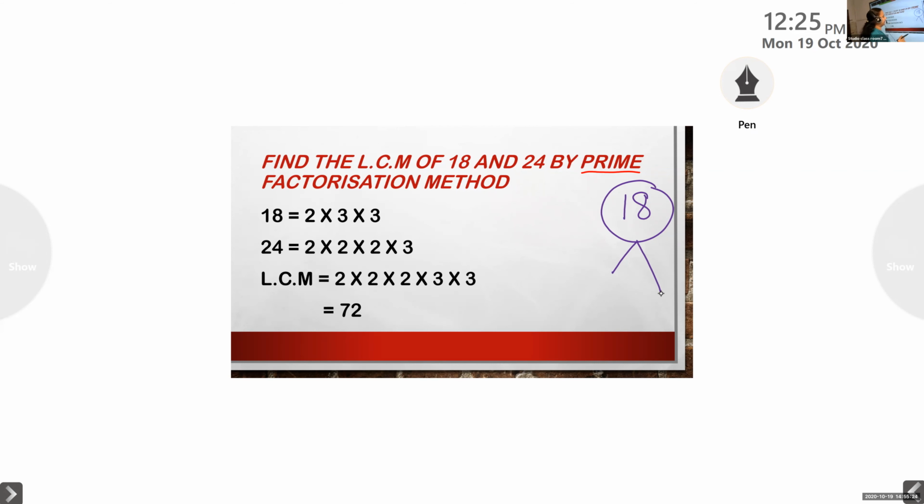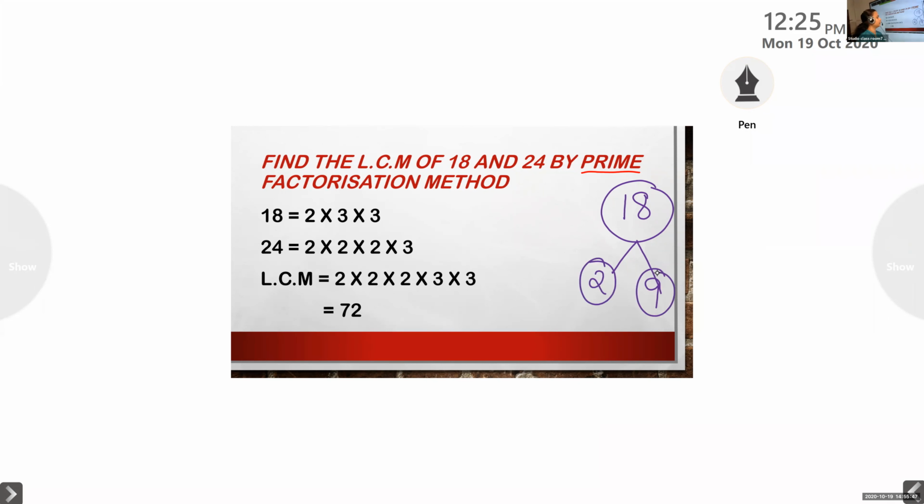Yes, ma'am. 18. How can we write 18? 2 into 9. Very good. Now, which number is the composite number here? 9. And 2 is a prime number.